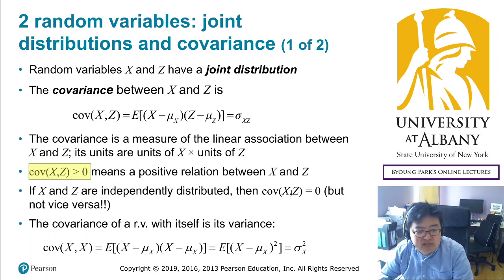But zero covariance does not imply independence. I'm going to show you a counterexample in a couple of slides. But it's intuitive: when x and z are independent, they are not correlated with each other, so obviously the covariance must be 0.